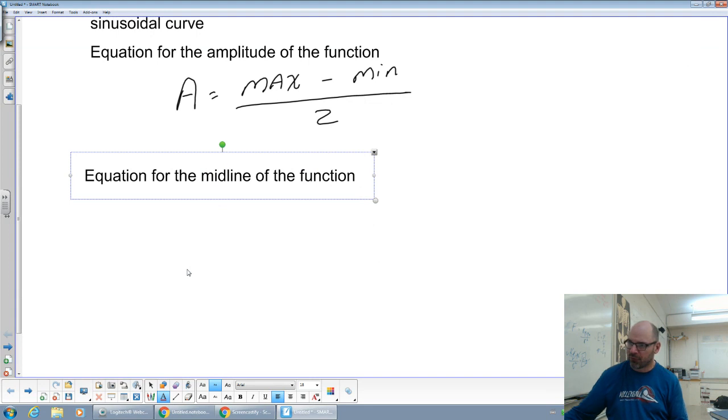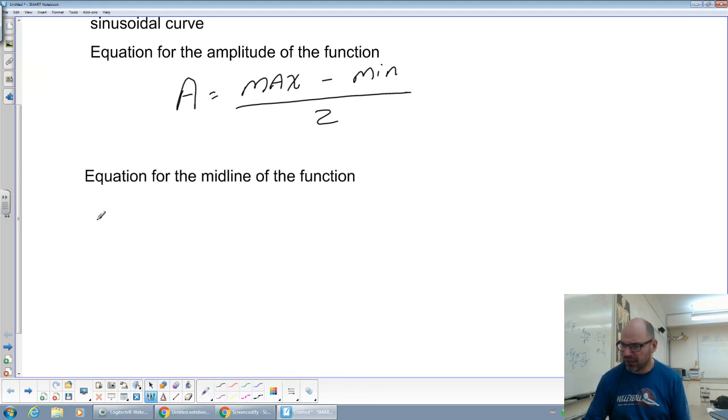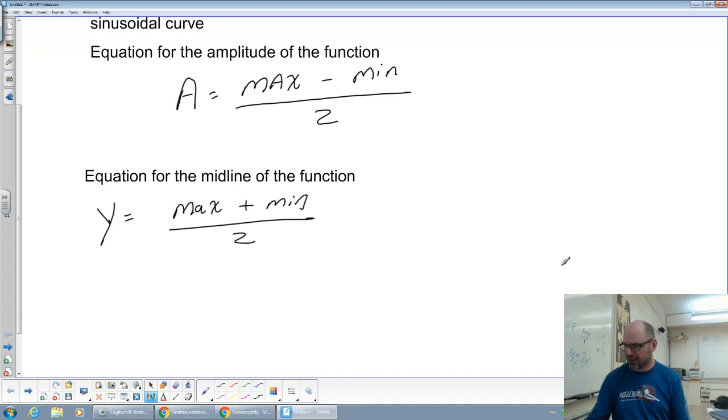They're not exactly perfect sine waves, but they're close. The equation of the midline is easy. It's y equals the max plus the min divided by 2. So that'll give you the equation, that y equals, the horizontal line. Okay, so let's look at an example graph or two, analyzing these two things.